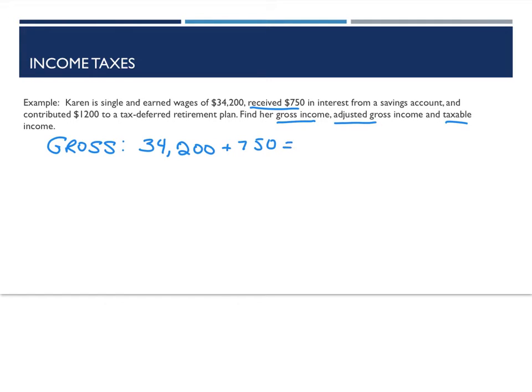So her income is those two amounts added together. Her gross income is $34,950. Now to find her adjusted gross income, I start with her gross. And if I have any tax-deferred IRA kind of things, I can subtract those off.